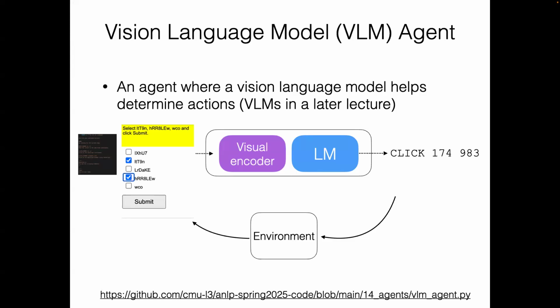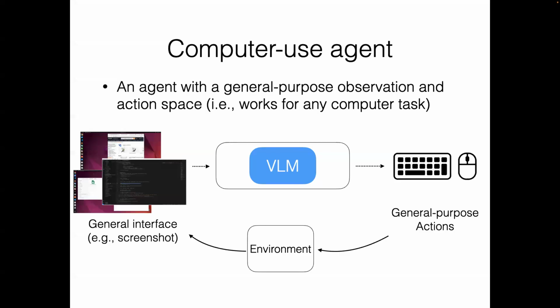Okay, cool. So that's a vision language model agent. This one is a kind of emerging category. I'll give some examples later where you could imagine, okay, what if the agent was so general that you could give it anything involved in using a computer, like just a screenshot of any application, and then your actions are also so general purpose that they're not specific to a given environment.